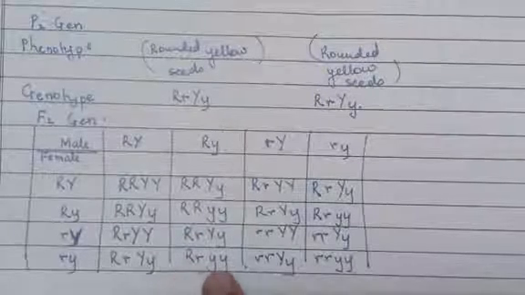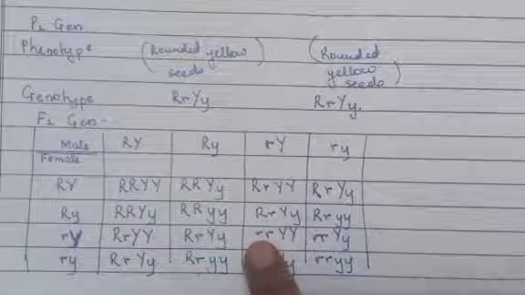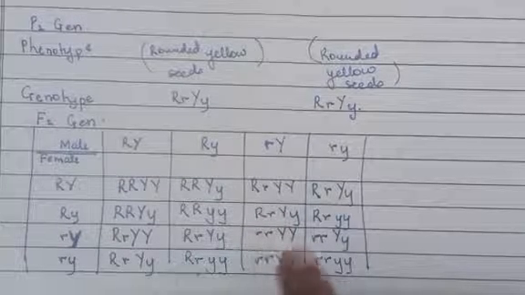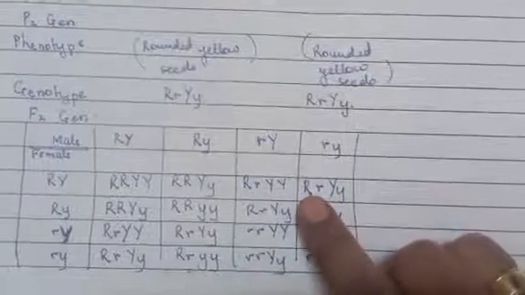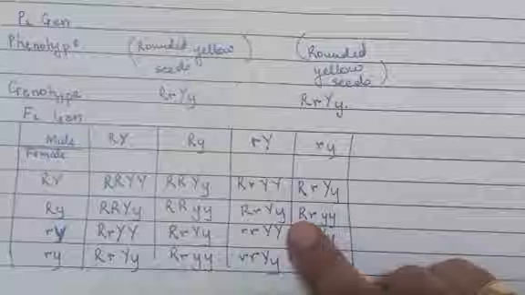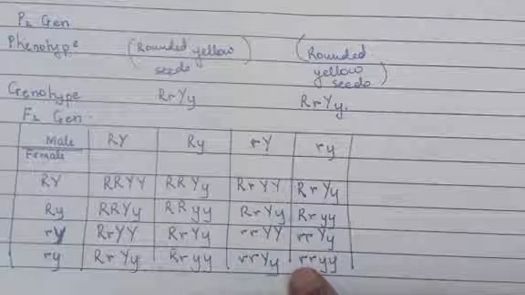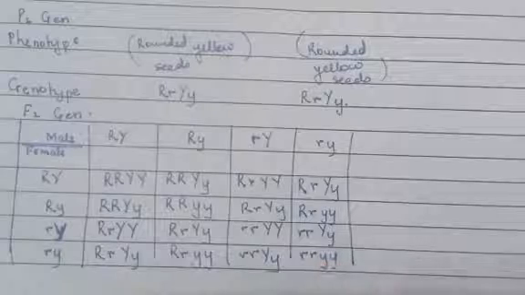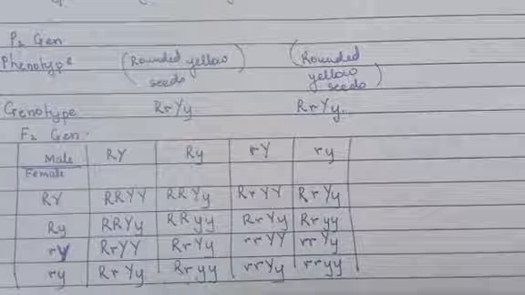This will be round and green. Round and yellow, wrinkled and yellow, wrinkled and yellow. This will be round and yellow, round and green, wrinkled and yellow, and wrinkled and green. So we see the different combinations obtained of the plants.